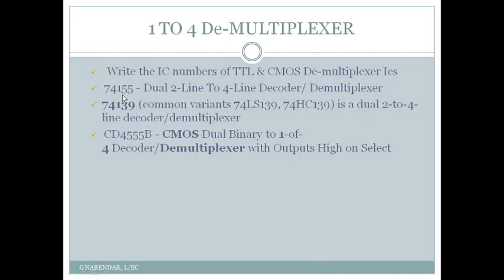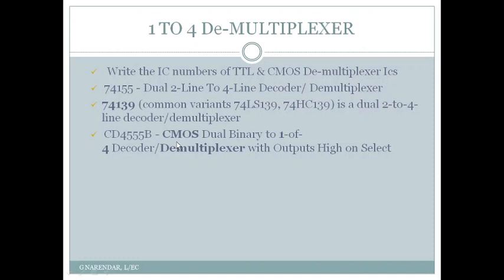These two ICs, 74155 and 74139, belong to the TTL family. We have one more IC from the CMOS family, the CD4555B.